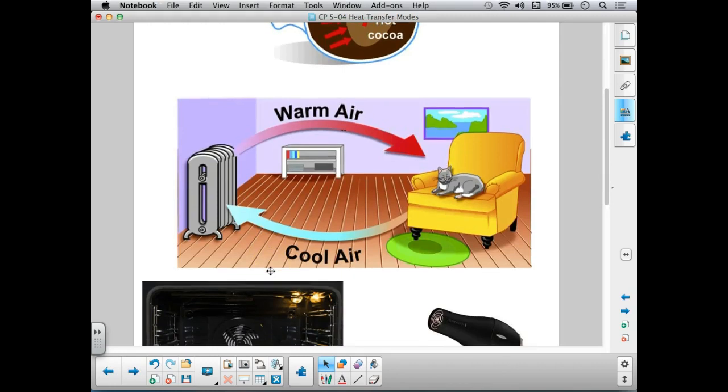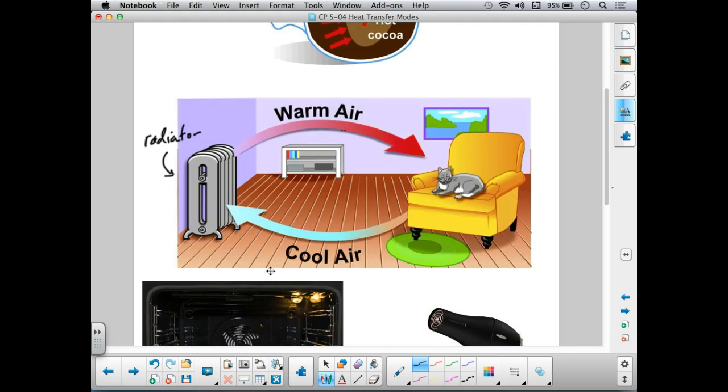If we take a look at this room, we have an object called a radiator over here. In New England, we have a lot of these. And it actually doesn't radiate heat too much. What it's doing more of is convecting heat to make the room warmer.